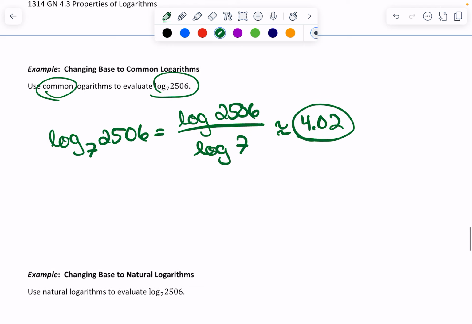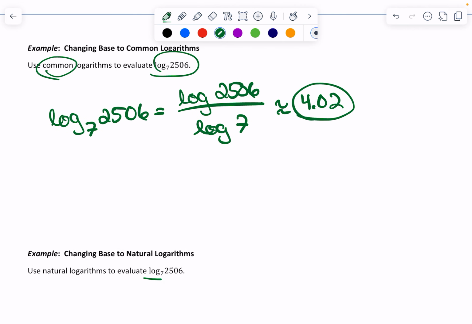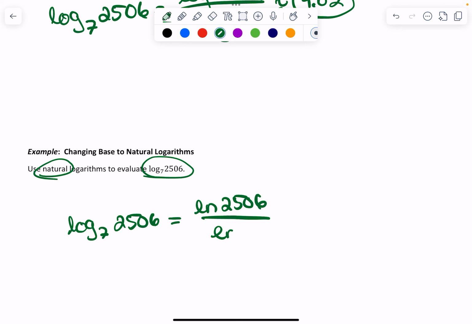We're going to do the same thing. So this is the exact same log, but now we're going to use the natural log. So log with base 7 of 2,506 equals the natural log of 2,506 divided by natural log of 7.